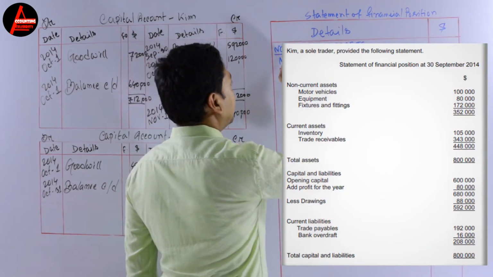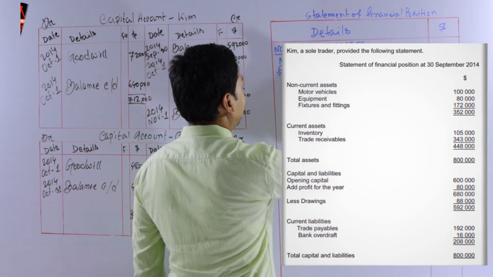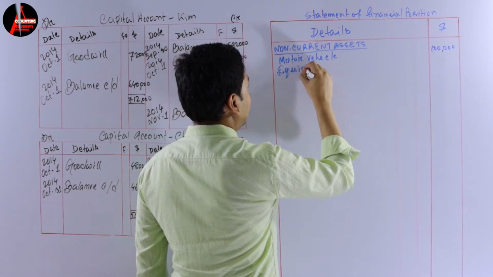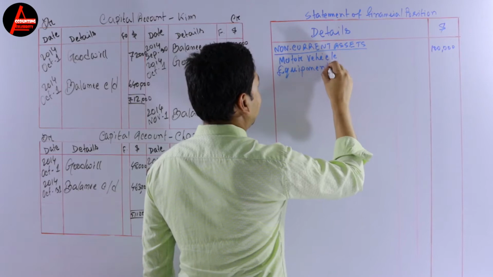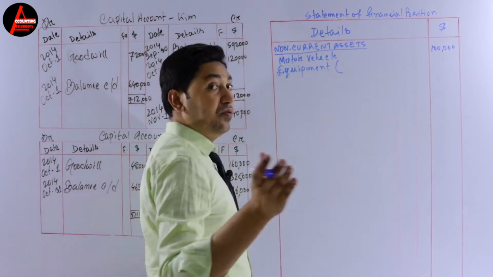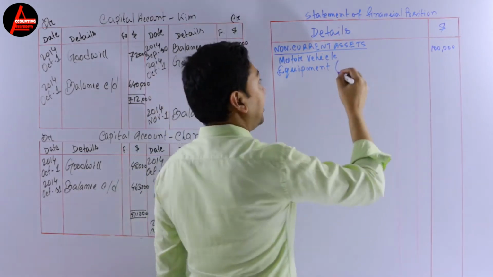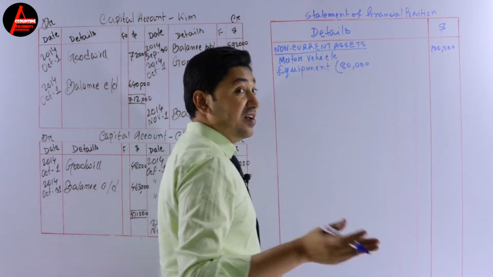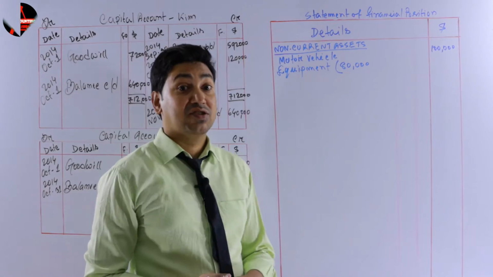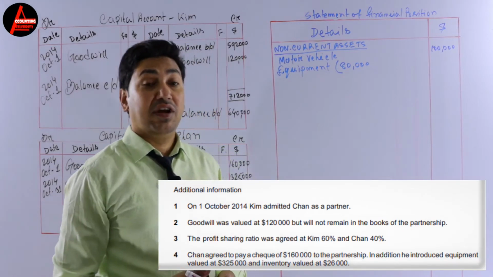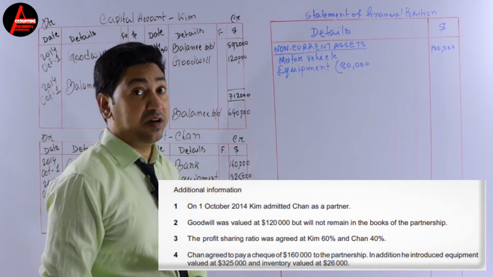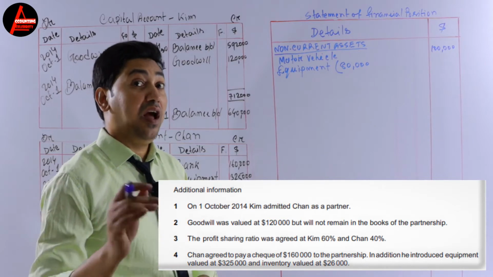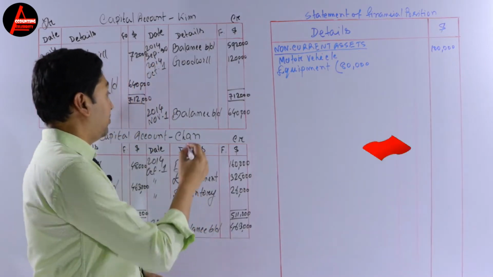Then what is next? Equipment. So let us write here equipment. What is the value? $80,000. So remember the adjustment, the last one: $325,000, the new equipment, and the new partner Chen brought this one.